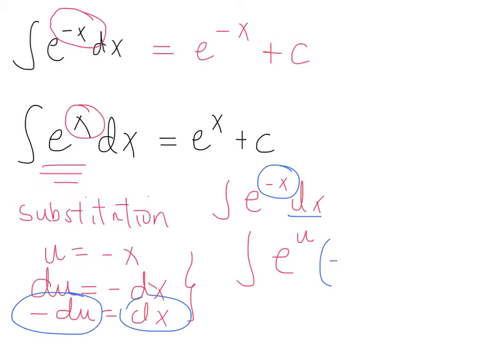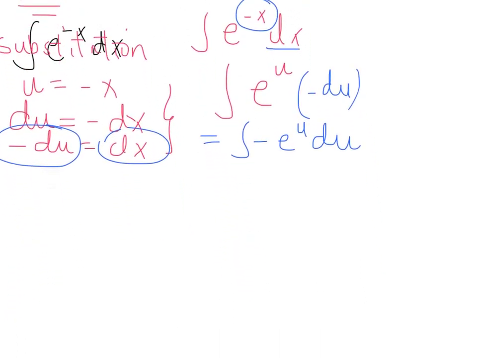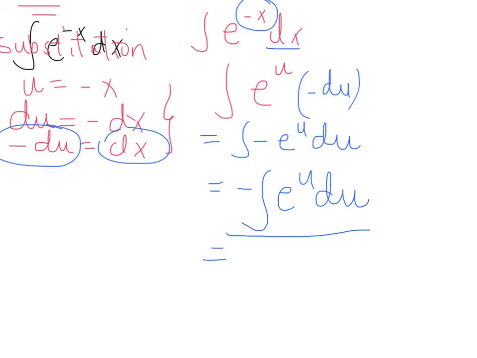So you have negative du. But negative du and e to the u means integral of negative e to the u du. At the same time, integral of negative e to the u is also the same as negative integral of e to the u du. Now at this point, you can see that it's like e to the x dx.